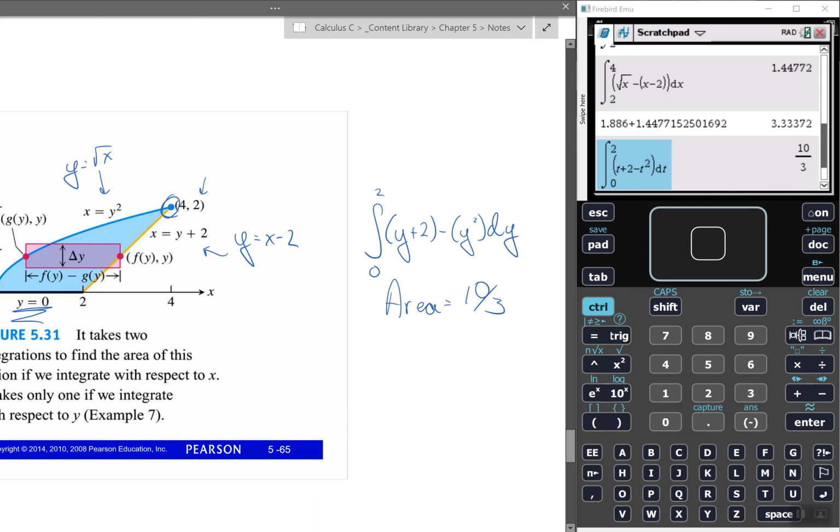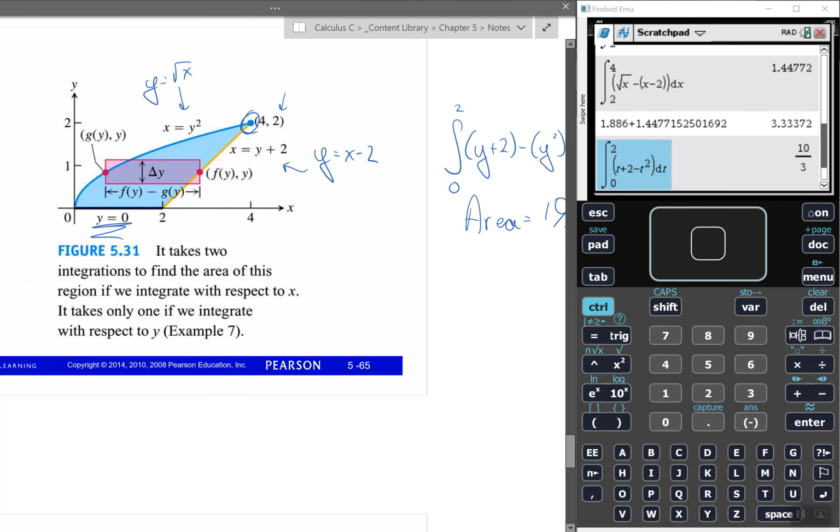That's basically saying, hey, you decide what letter you want to take this integral in. If they've got it as y equals x squared or y equals square root of x, whatever, they're most likely hinting that they want you to integrate with respect to x. But you always have the choice to rearrange it the other way. It's not always easier, it's not always faster, but it is always an option.